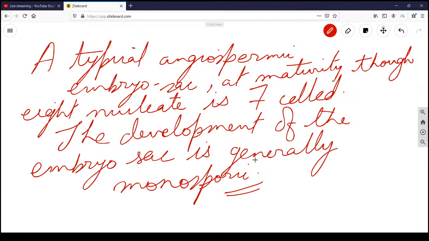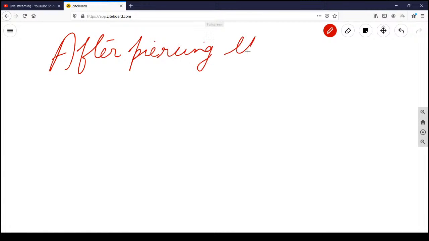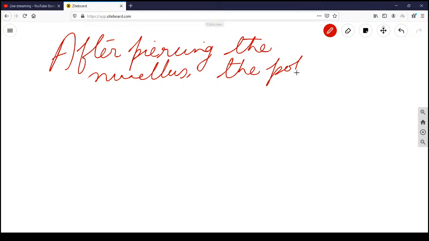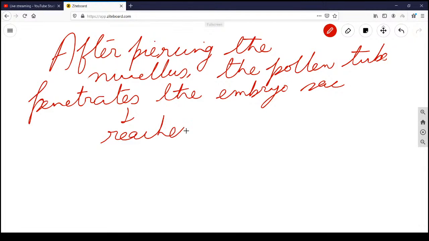On piercing the nucellus, the pollen tube penetrates the embryo sac and reaches the egg apparatus.